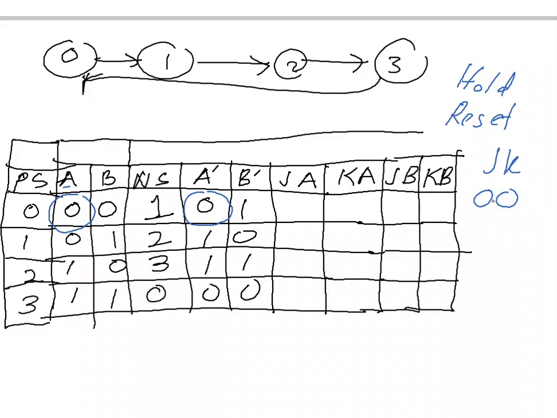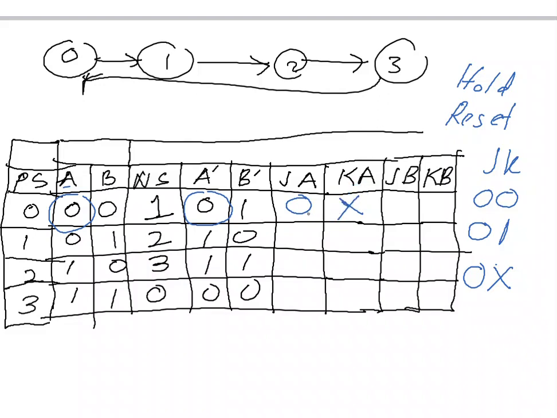If reset, J0, K1. Since K can take any value either 0 or 1, we are going to rewrite it as 0x. So I will write here 0x.